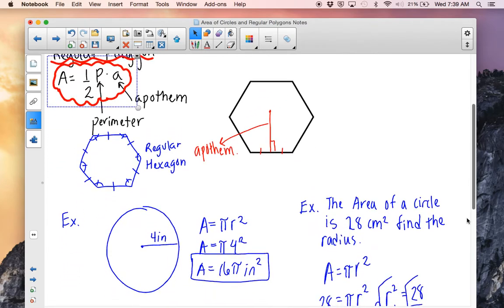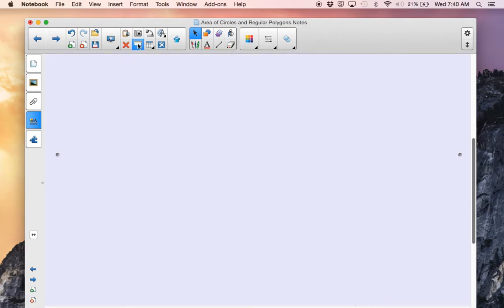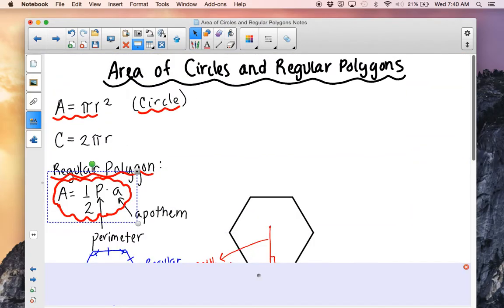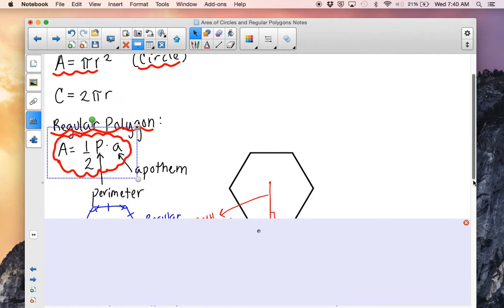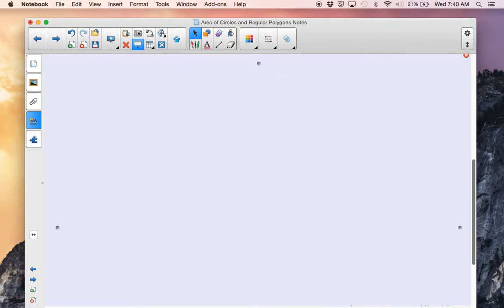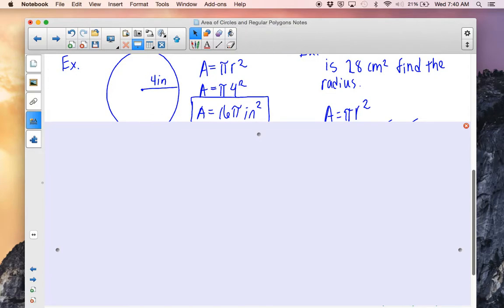Okay, so let's look at an example. Look at a circle example first. Okay, so let's say that I give you this circle and it has a radius of 4 inches, and I want you to find the area.